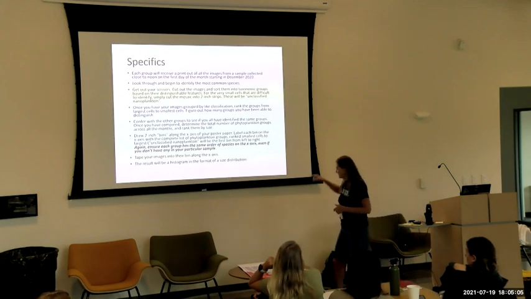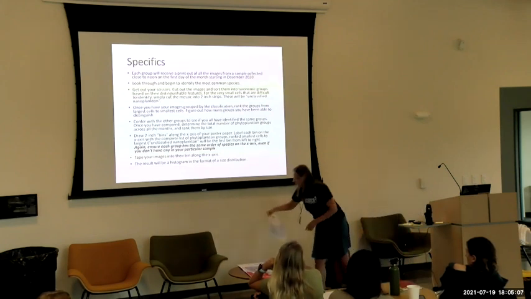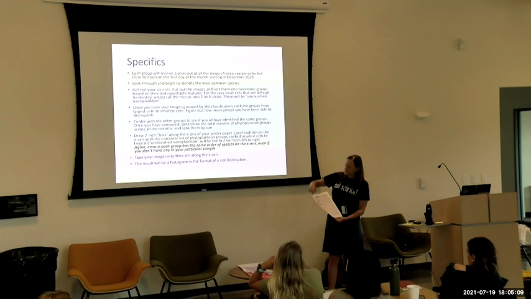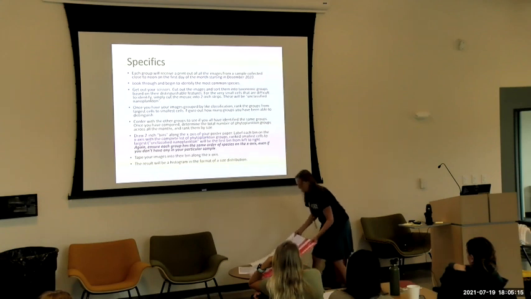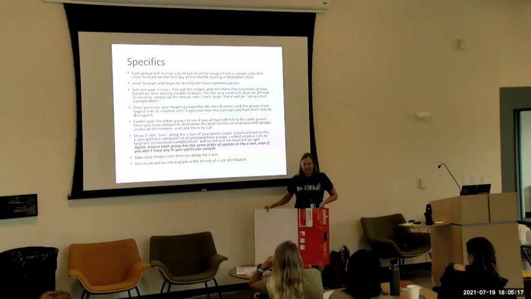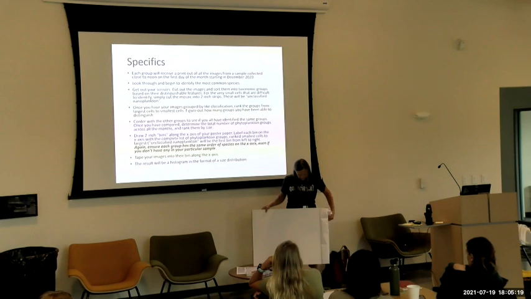So you're going to cut them out, and then, say you have a bunch of these, you will create a histogram. So you have number versus species, and species is sorted by size from small to large.